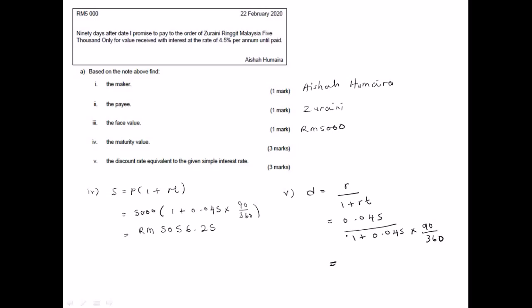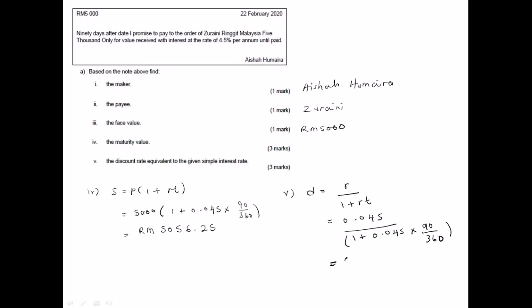We can solve the denominator first. 1 plus 0.045 multiplied by 90 over 360. From the denominator we should get 1.01125 and then 0.045 divided by answer.